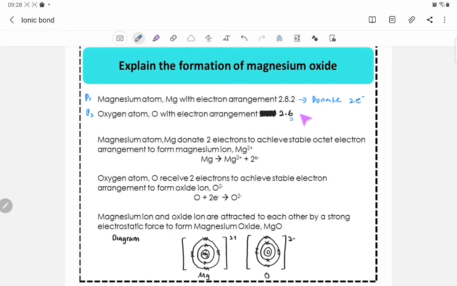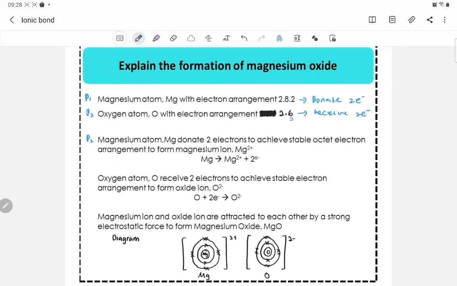So for the third point, we will talk about how magnesium atom will achieve stable electron arrangement and then form its ion.